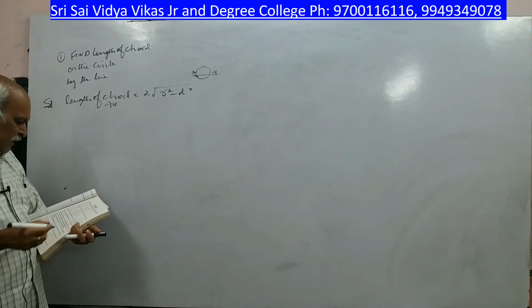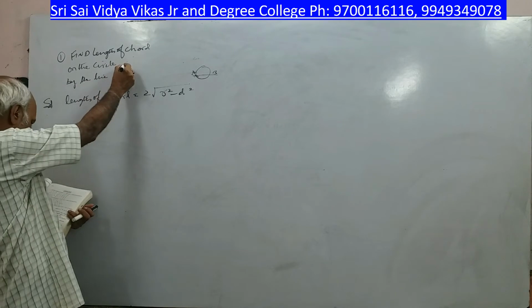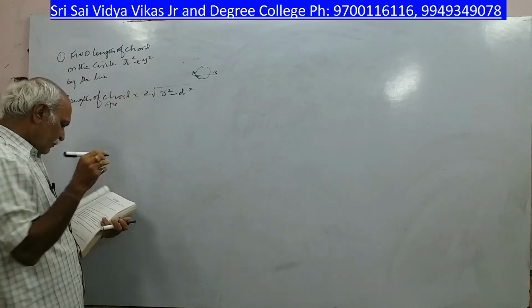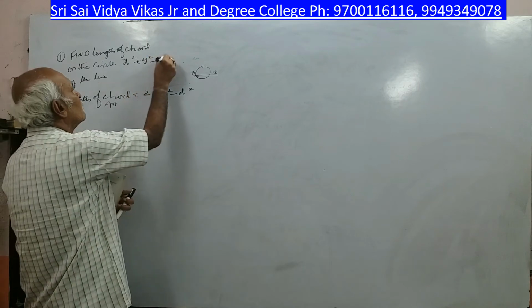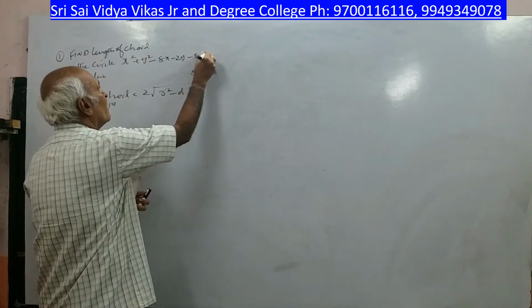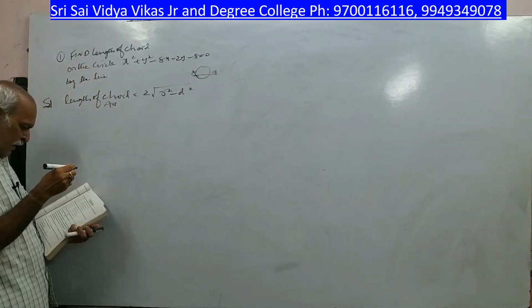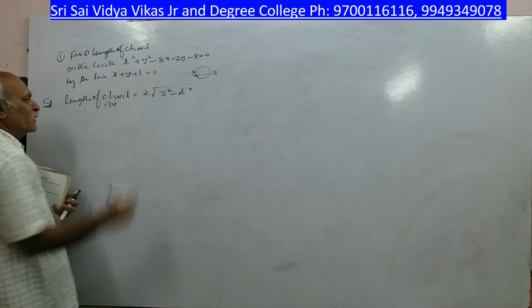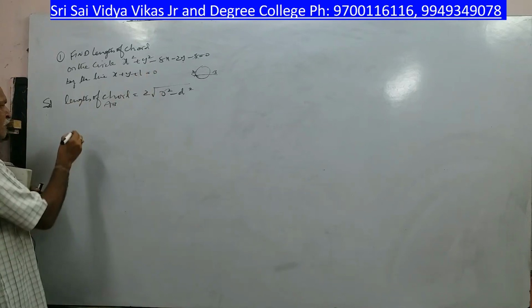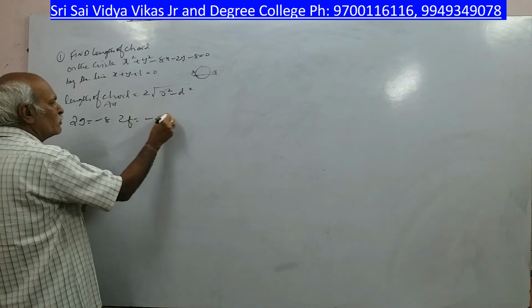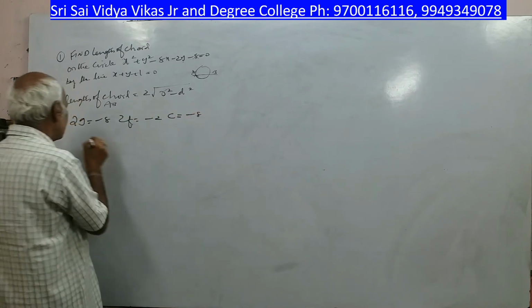Next, find the length of the chord on the circle x square plus y square minus 8x minus 2y minus 8 is equal to 0 on the line x plus y plus 1 is equal to 0. Same procedure, sir. 2g is equal to minus 8, 2f is equal to minus 2, c is equal to minus 8.